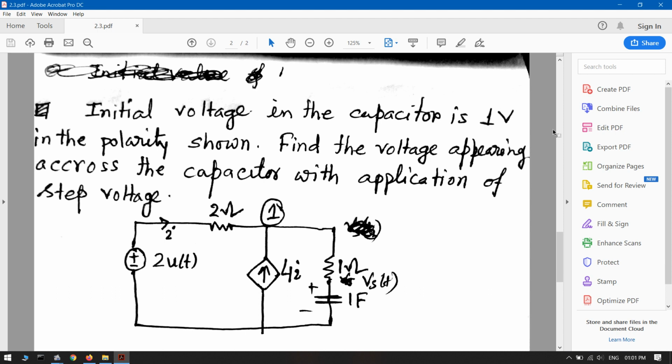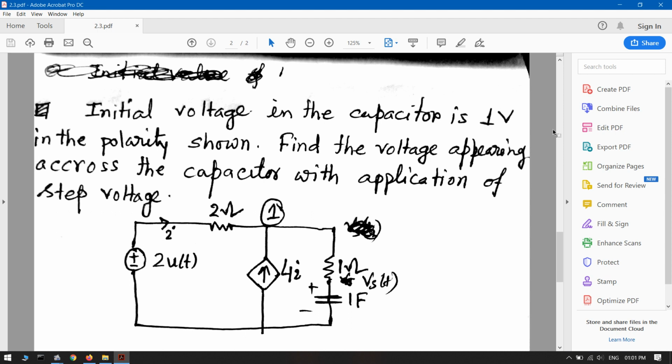If we apply KCL at node 1, you see, at node 1, incoming currents are I and 4I.